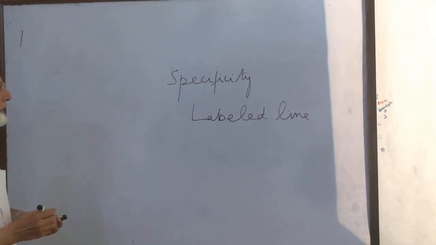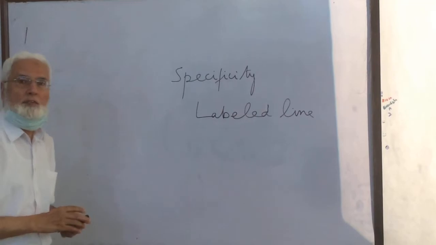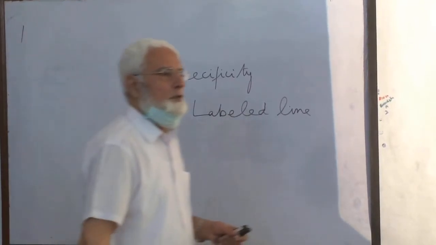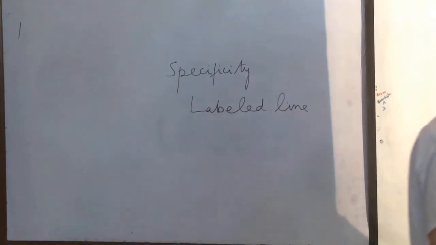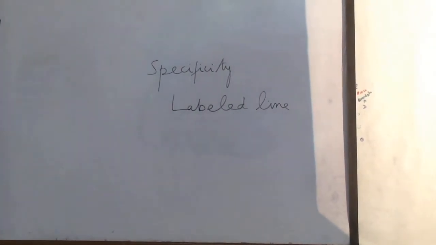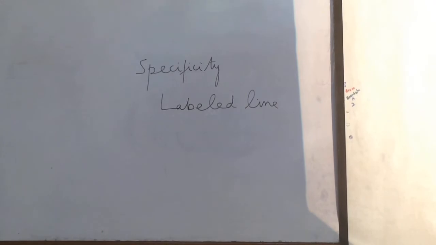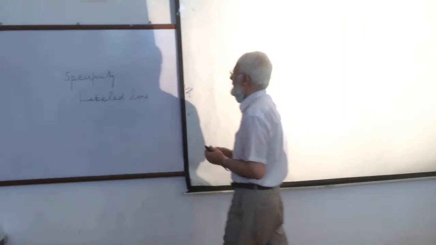Labeled line principle. The specificity of the nerve pathway to transmit impulses of only one modality of sensation is called the labeled line principle. In addition, it is also called Muller's law of specific nerve energy.